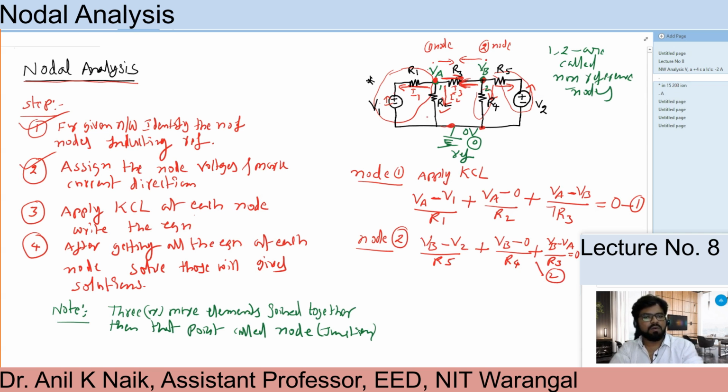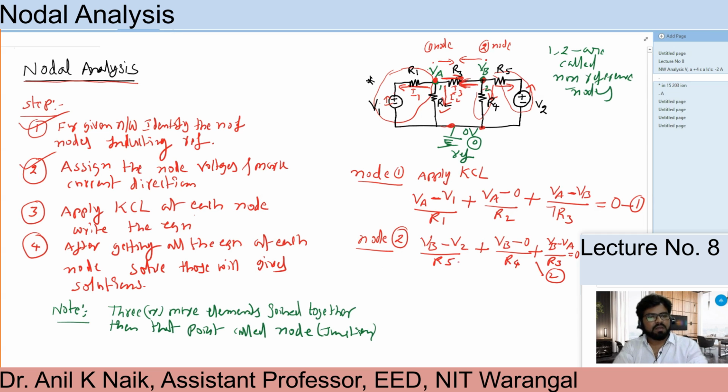So this is how we are going to write the KCL at each node. Once you identify the node, you need to write the KCL. We have identified the two nodes and we are getting the two equations.